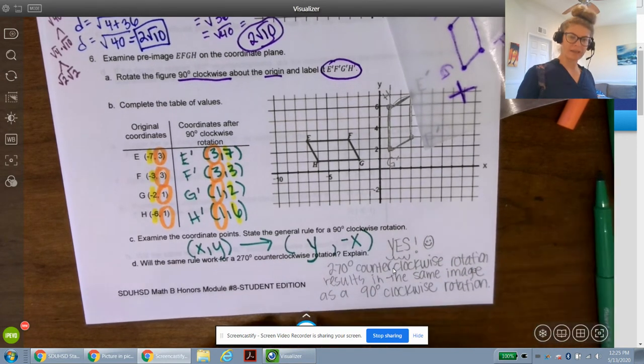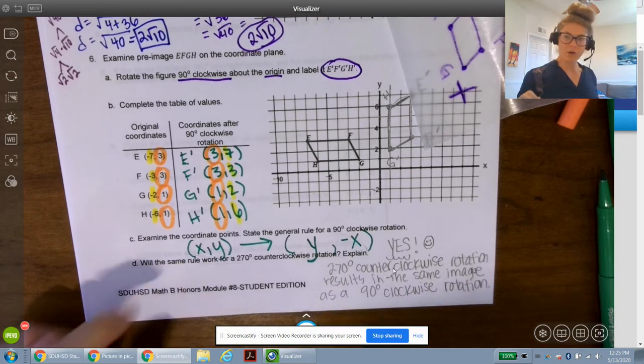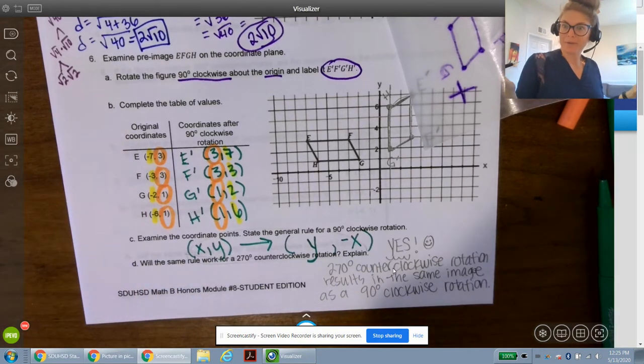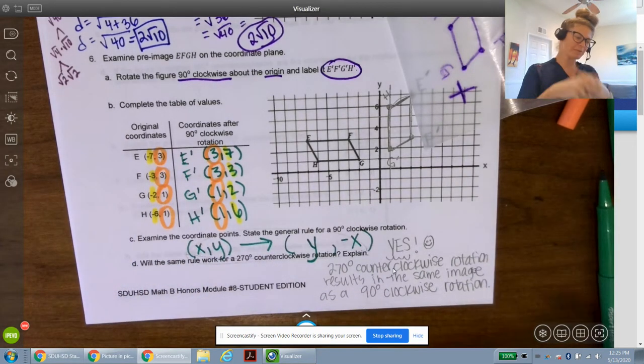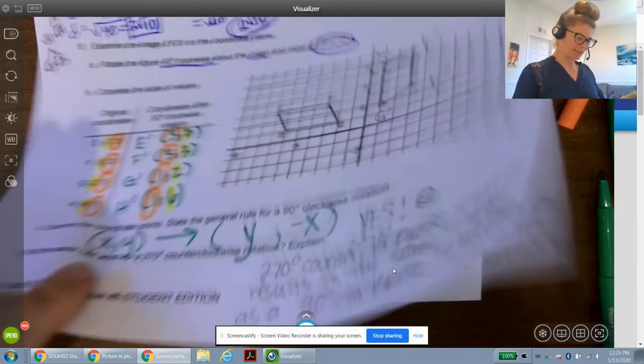Which is great, which means by coming up with this one rule, it applies to both rotations. Yay! Efficiency. Cool. So let's keep going.